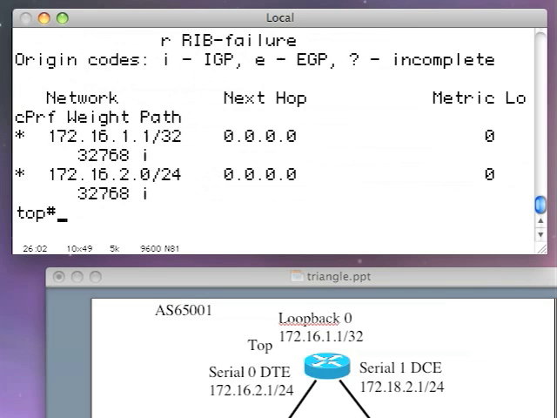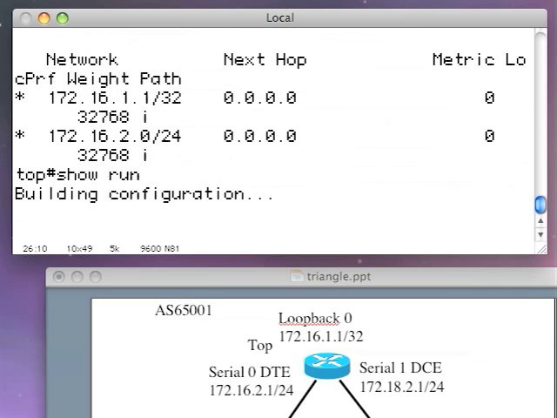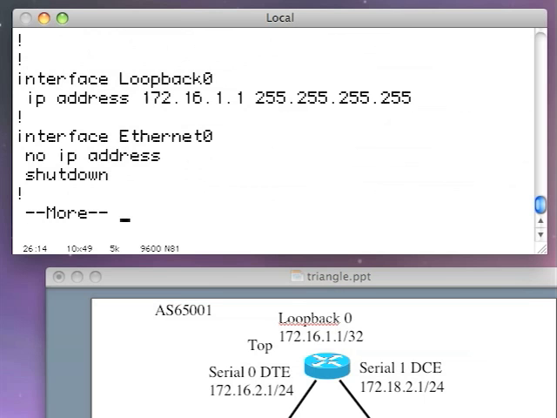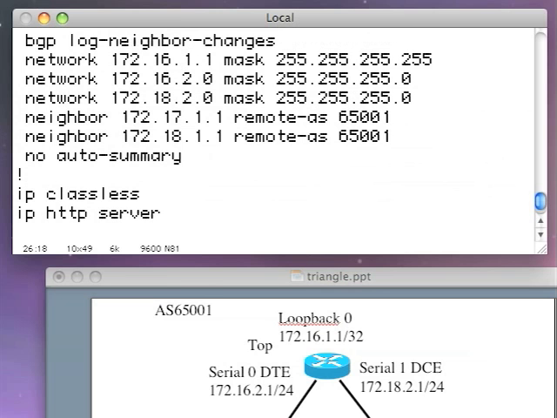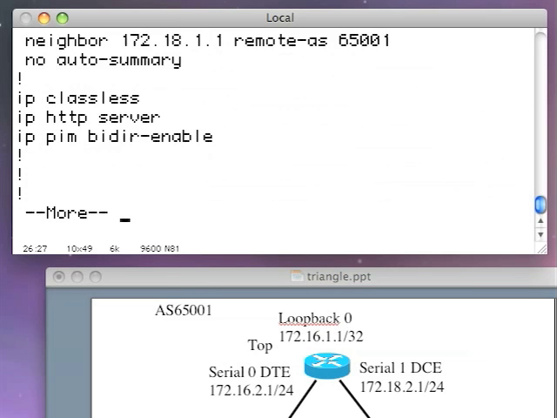And there I had 2 routes in there. And with my running config, I configured 3. I configured 3 network statements. Let's see. On 172.18.2.0 mask /24 should work.